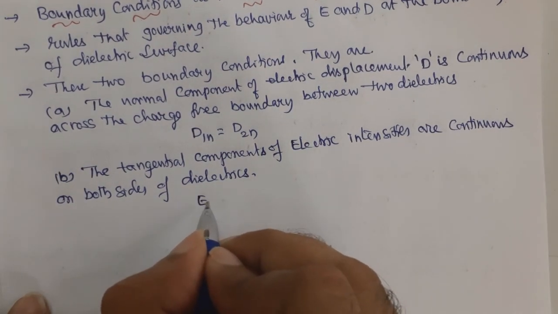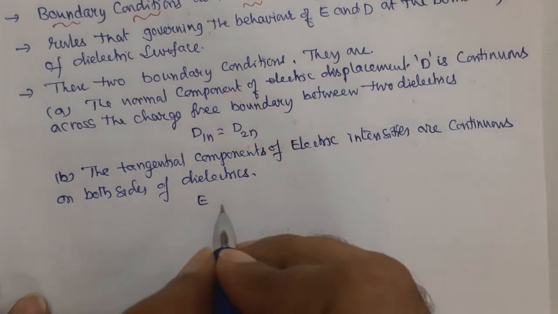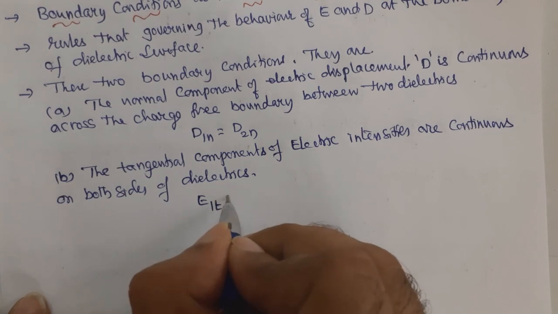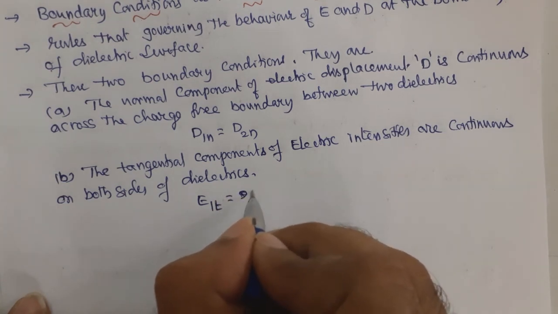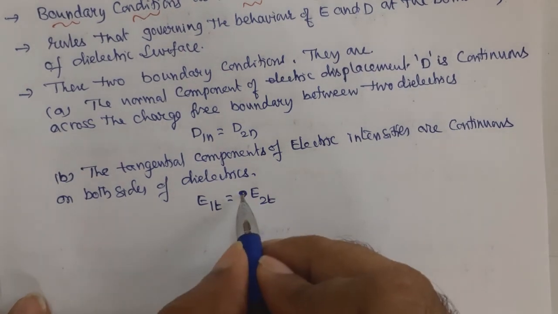Now suppose you wanted to represent it with an equation. You can write this as E1t is equal to E2t.